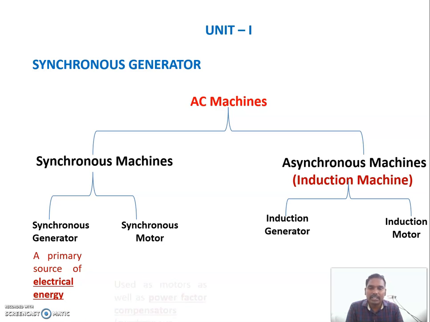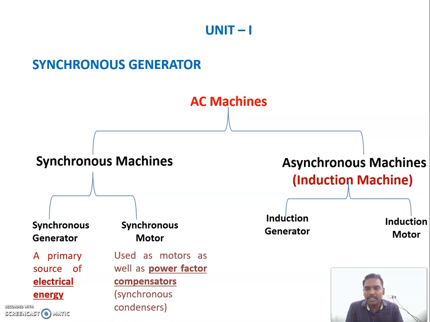The synchronous generator's primary source is electrical energy. Normally we know that a generator is a machine used to produce electrical energy, so it acts as a source of electrical energy. The motor receives the energy from the generator.